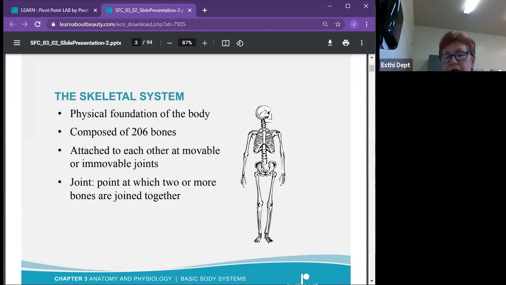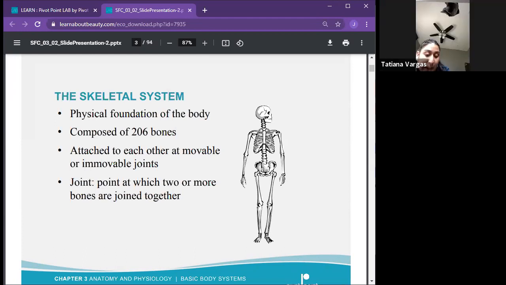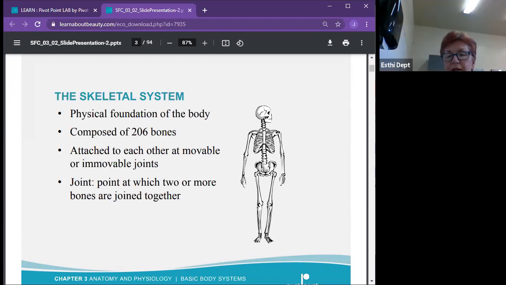So has everyone filled this part in from my screen? Do you still need it? Not yet. A couple of people, okay, I won't change it yet.